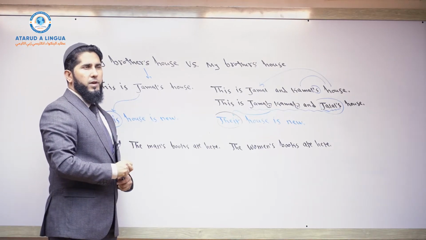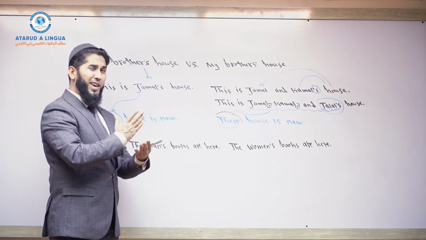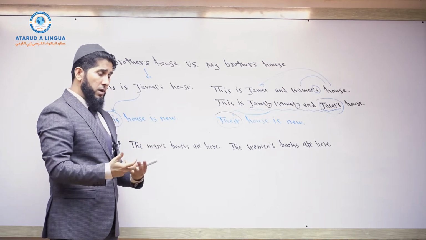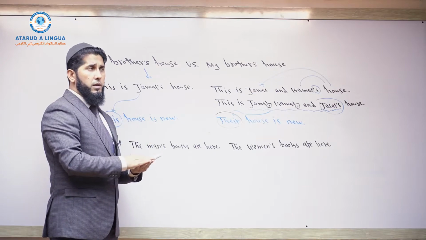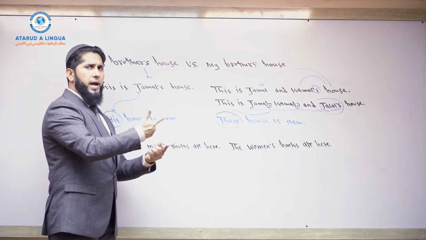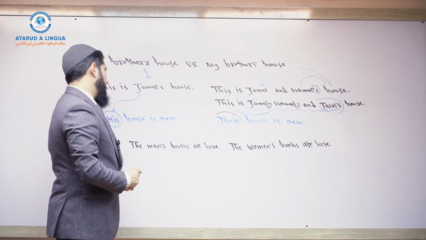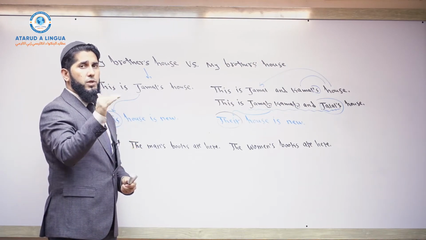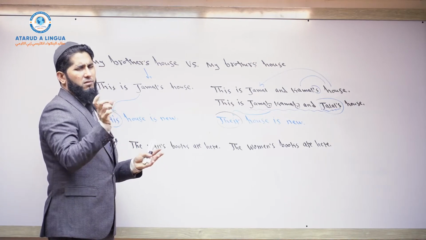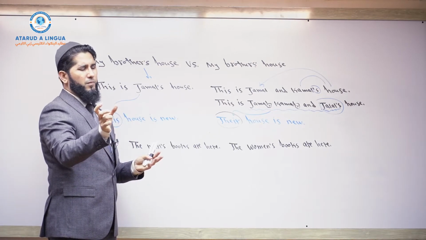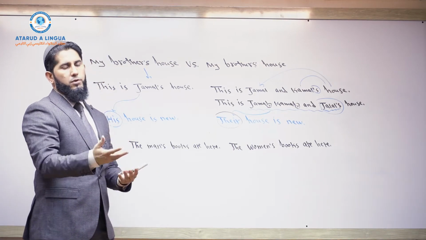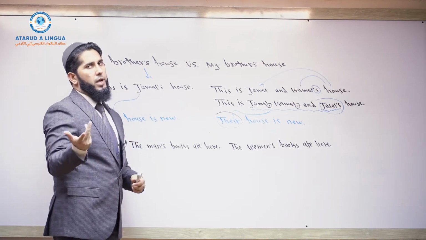But if it's an irregular common countable noun, we cannot make it plural by adding s or es. For example, man and men, woman and women, tooth and teeth, foot and feet. So a letter or letters are changed in the middle of those kinds of irregular nouns.